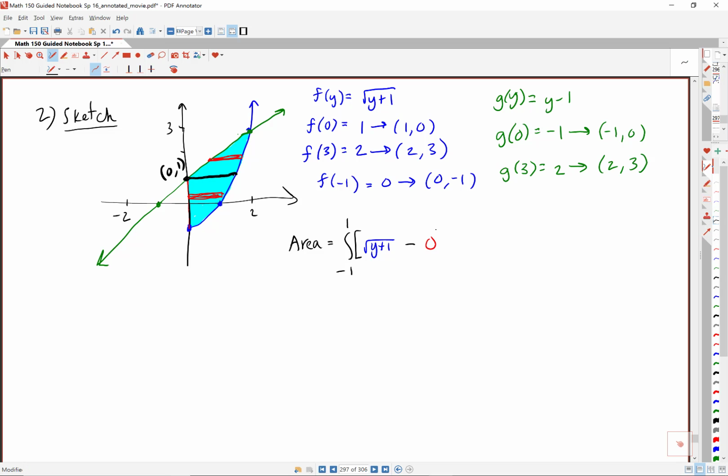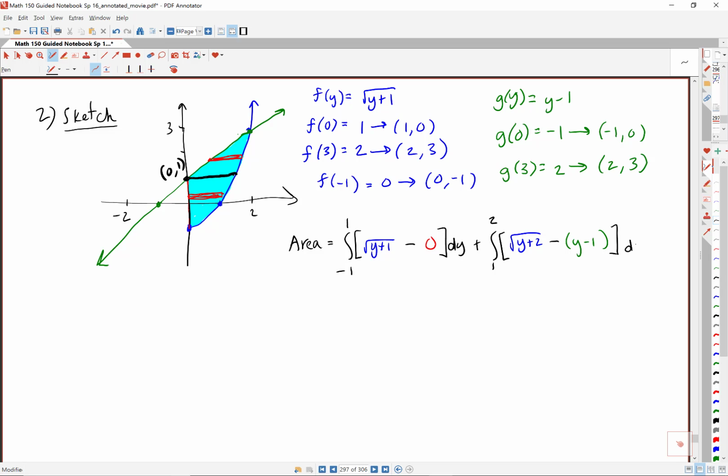And then we'll add to that the area of the upper region, and that's going from y is 1 to y is 2. The rightmost region is still root y plus 1, and the leftmost region is now that line, which was y minus 1. And it's with respect to y.